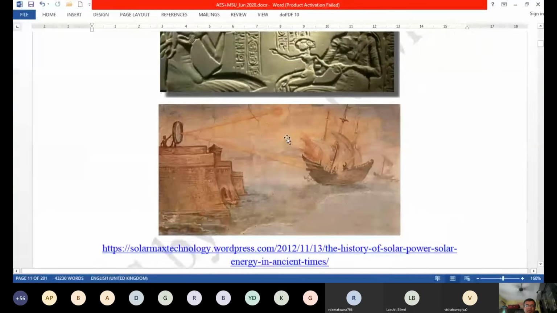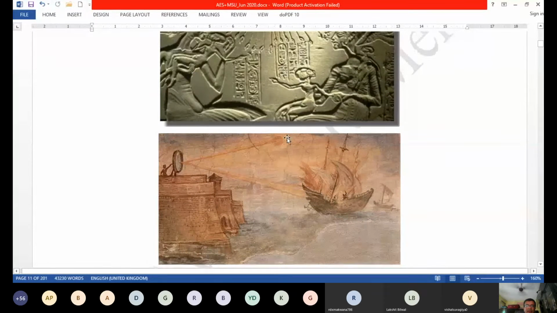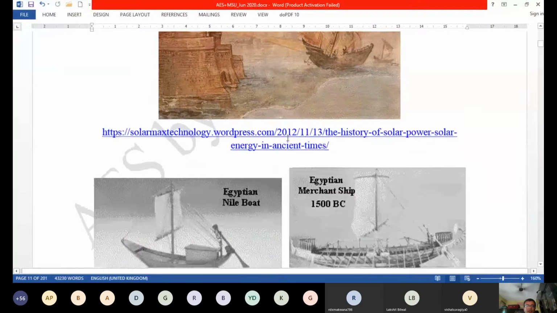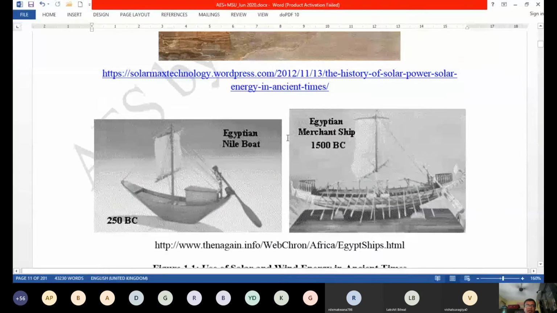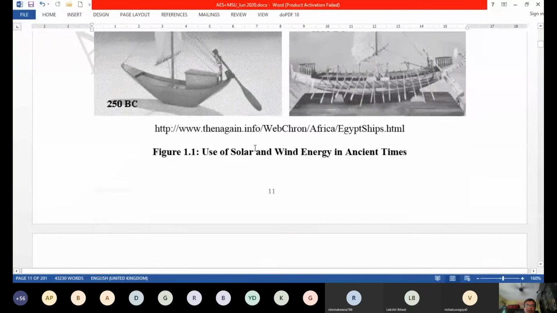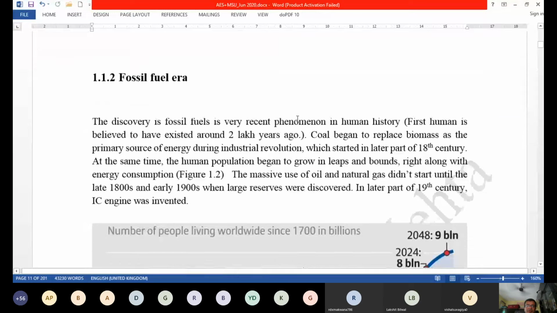Different images are given here, which depict that solar energy was being used in different ways, even in those cultures. And then the wind energy was also used in different ways. But of course, it was not at a very mass scale, right? It was in a way small examples you'll find here and there.